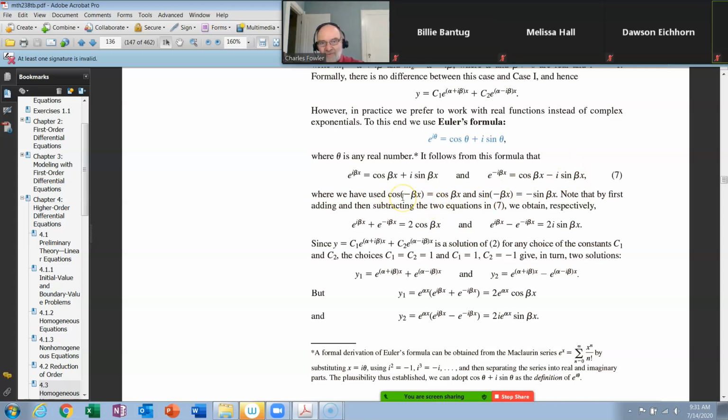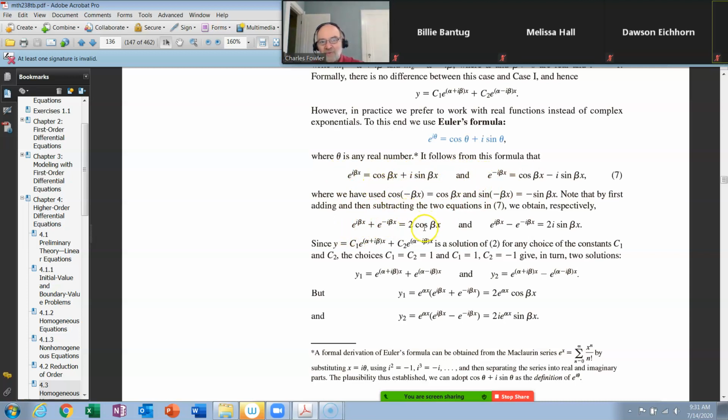We used here that cosine of minus beta x is the same as cosine of beta x, because cosine is an even function, but sine of minus beta x is minus sine of beta x because sine's an odd function. And then if you were to add this equation to that equation, e to the i beta x plus e to the minus i beta x, look at what happens.